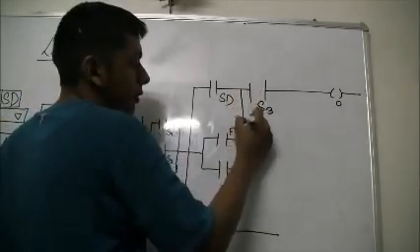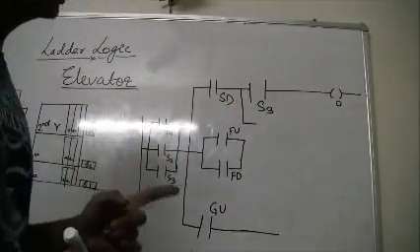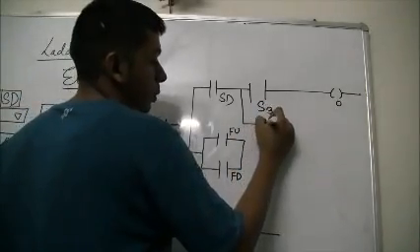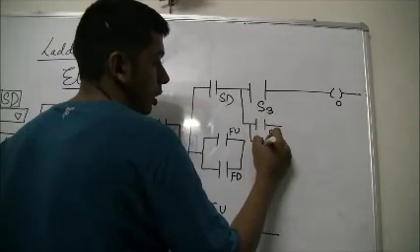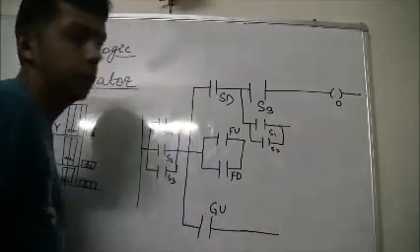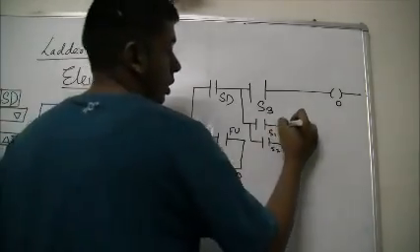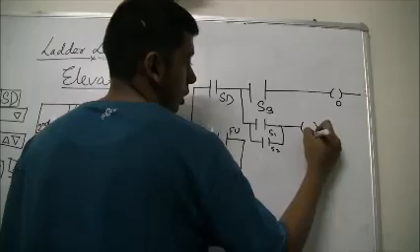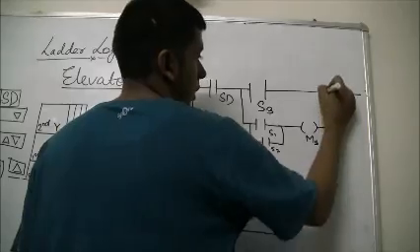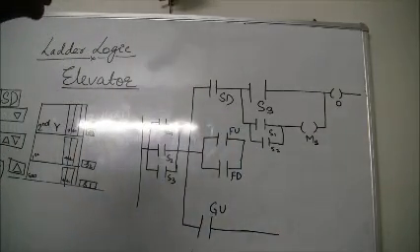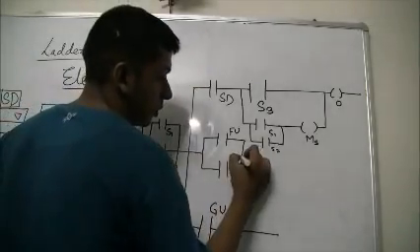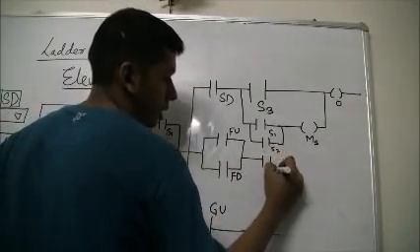And in case it's either on the first floor or the ground floor, in that case it would become S1 and S2, right? And coming back, it would switch on the motor, that is bringing it to the second floor, and then it's opening the door for 10 seconds, right? Similarly, here we would have S2.